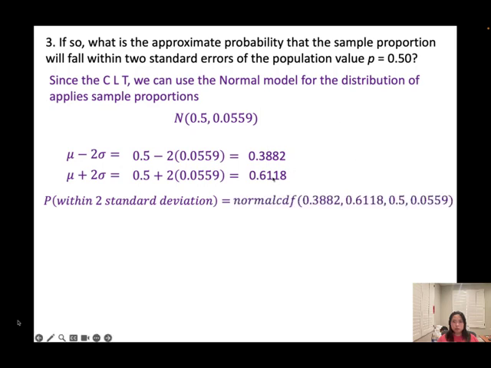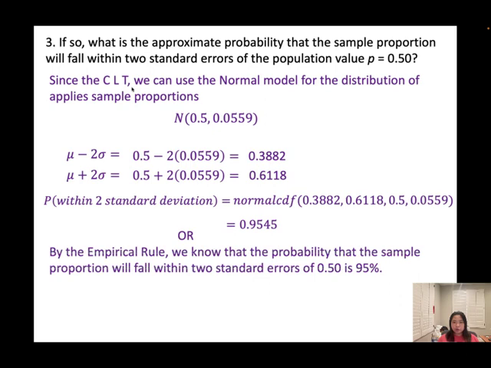Lower value, upper value. This is the mean minus 2 standard deviations. This is the mean plus 2 standard deviations. And then the mean, and then the standard deviation. Okay, you should get 0.9545 here. This is the first way to work on number 3.